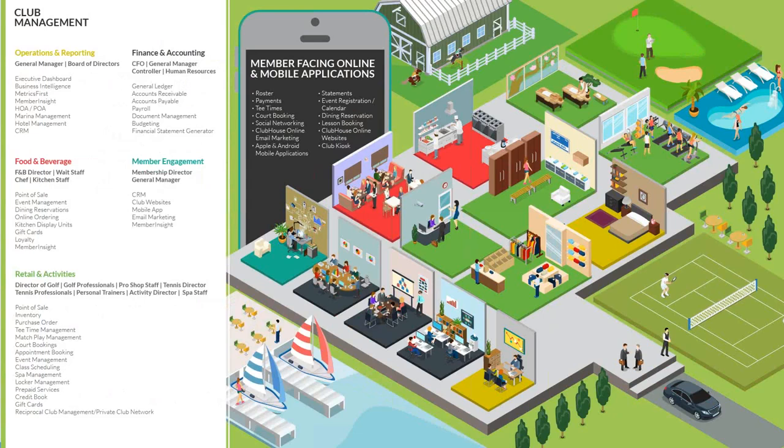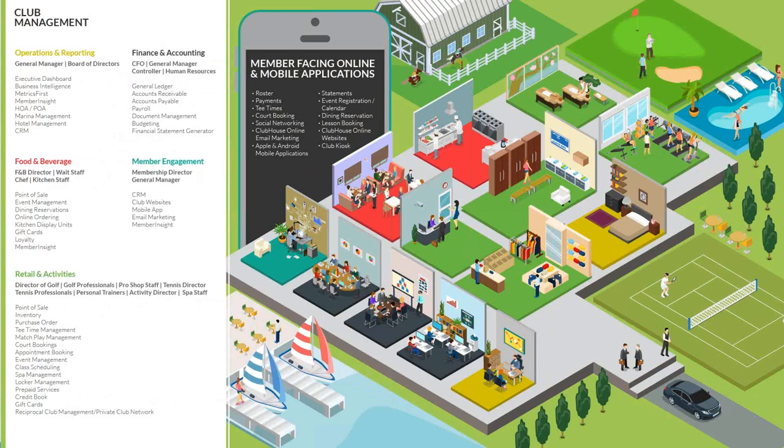Now, this image is our Helping Clubs Thrive image, and it's an overview of all the different areas within the club that our software can assist you with. We break it up into 5 categories: operations and reporting, finance and accounting, food and beverage, member engagement, and retail and activities. Within those, we have different product offerings that can help your business.